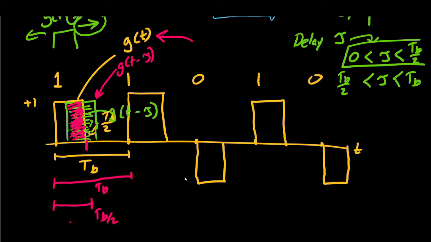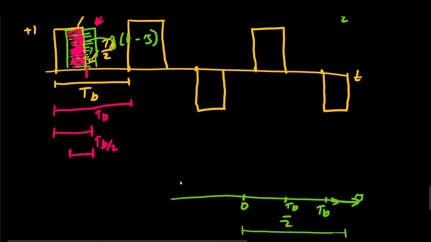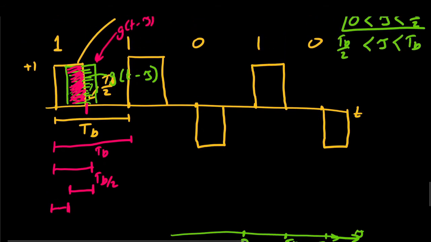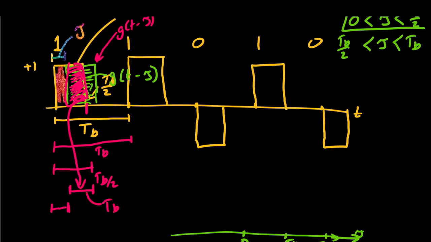In order to find this part, we have to first find this part, and this part is simply the amount of delay, that is tau. So this region which is mentioned over here is simply TB by 2 minus tau.